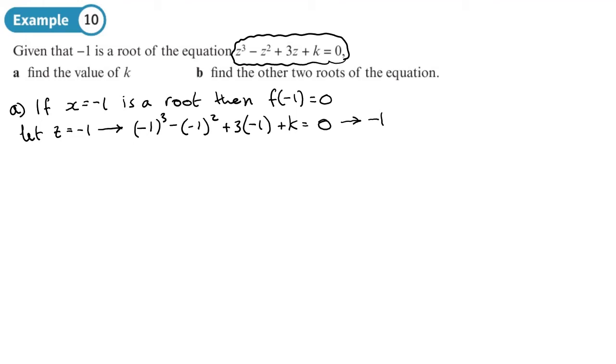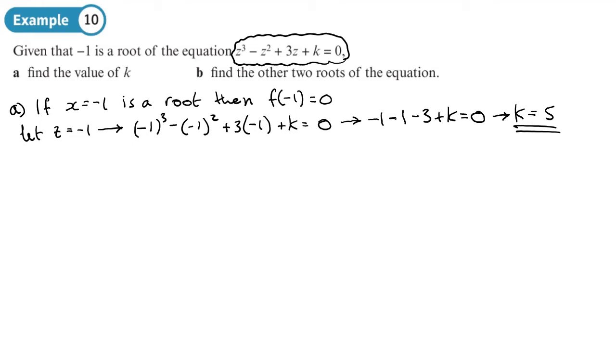Then we have negative 1 squared, which is 1, so you minus 1 again. Then minus 3 plus k equals 0. So that means that k equals, what have I got? Negative 5, so it'll be k equals 5. So we found the value of k by using the factor theorem.